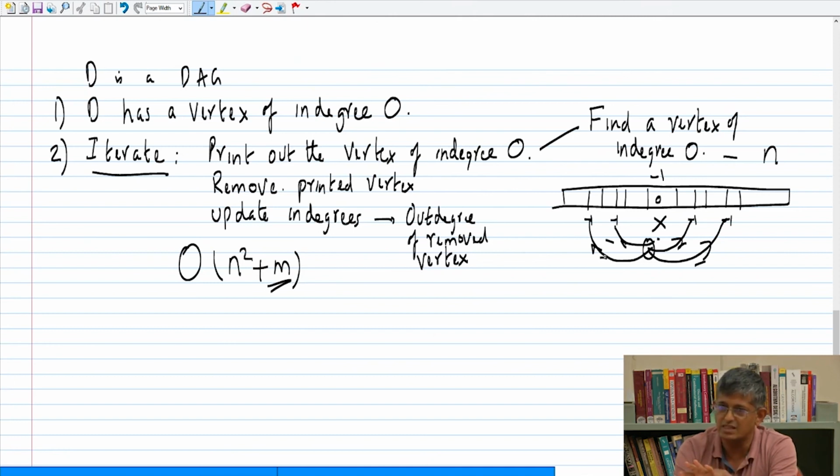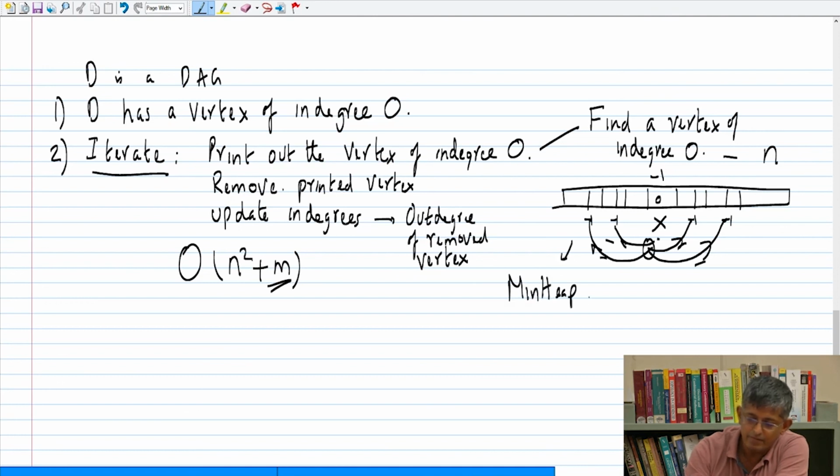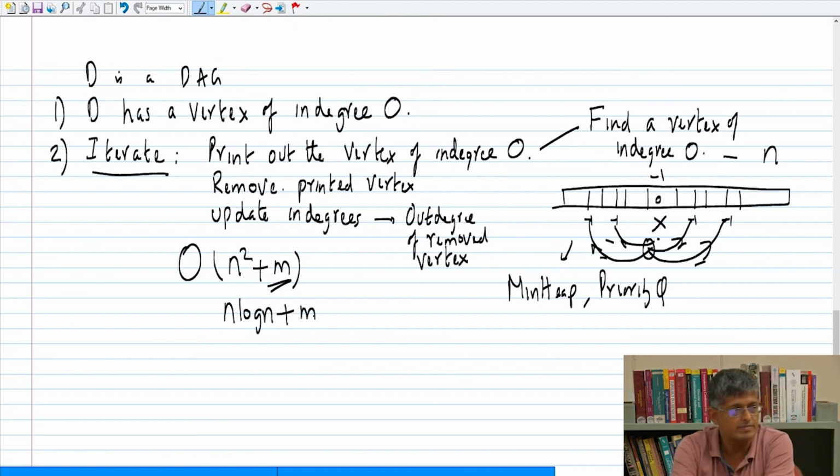I am not going to present that now, but by choosing a better data structure, the idea is to ensure that if a value becomes 0, it comes to a place where I can access it quickly and update the data structure efficiently. So using data structures like a min heap, or a priority queue, you can cut it down to n log n plus m.